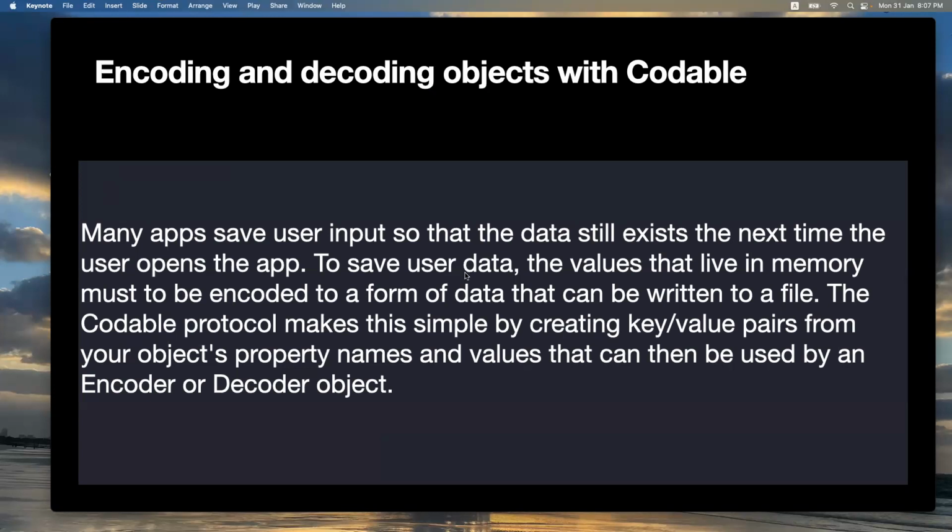So Codable allows you to save your data in key value pairs. And then you can take these objects from memory and encode them to form data that can be written to a file.